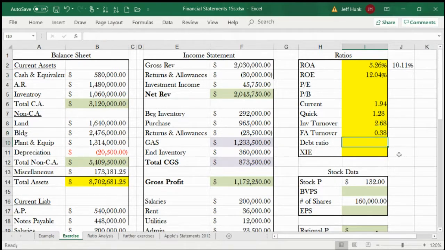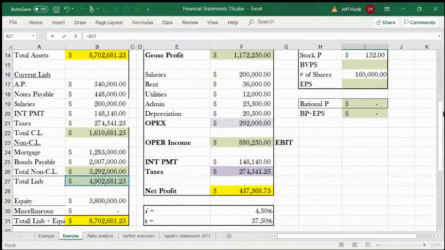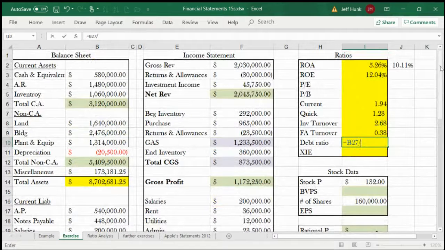Now, the debt ratio is what? It's the total debt over total assets. And total debt, you can easily find as total liabilities, divided by total assets. And then that's what? 0.56.